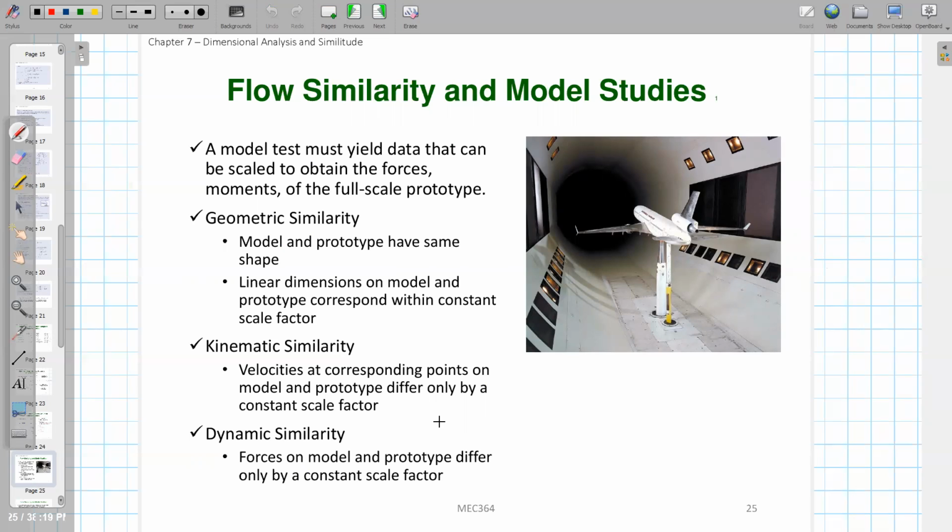When you do dimensional analysis, it tells you that if you have a list of independent variables that affect your experimental result, then after you apply the Buckingham Pi theorem, you will reduce those parameters into several dimensionless parameters, like the Reynolds number, Mach number, and so on.